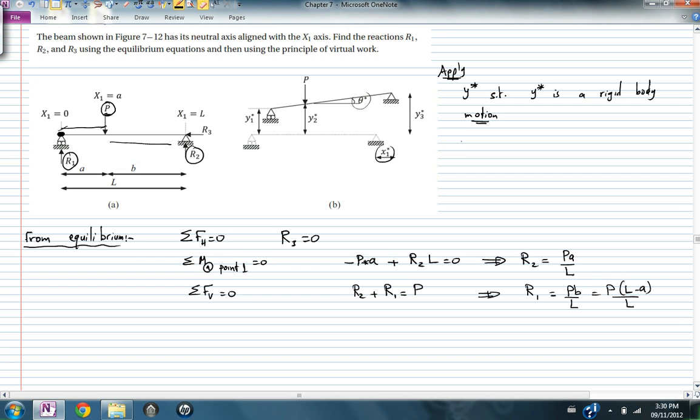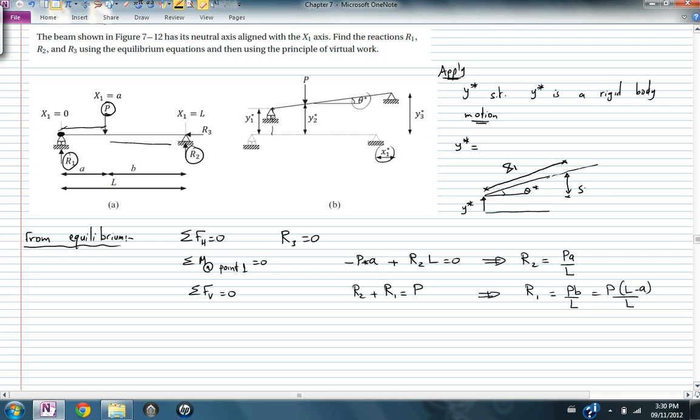So y star in this case, this virtual displacement at any point, the vertical displacement is equal to y star at this point. So let's just show you. This is y star, and this is an angle called theta star. And this distance is equal to this distance, which is originally the length of the beam, which is originally x1.